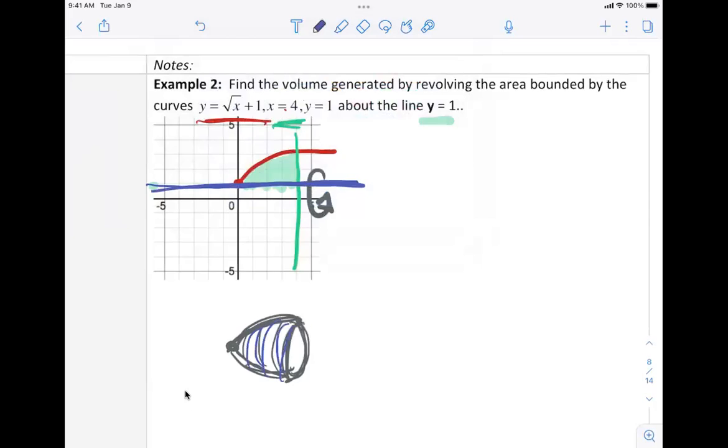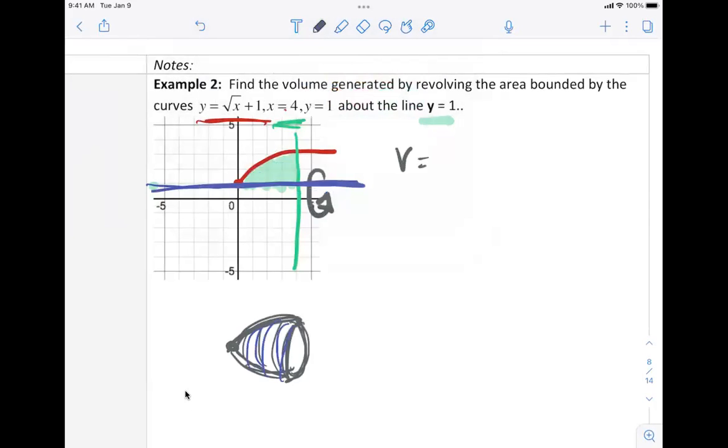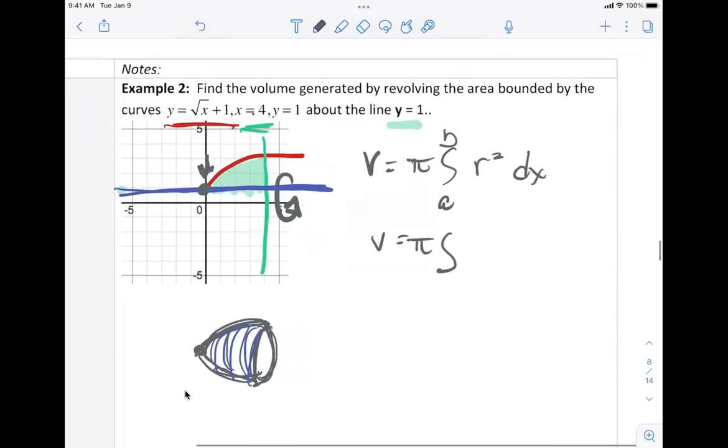So our formula is still the same. It's still volume equals pi, from A to B, r squared dx. So pi sits in the front. My A, even though they didn't give it to me directly, is going to be this point, which is x equals 0. My B is over here at this point, which is x equals 4.